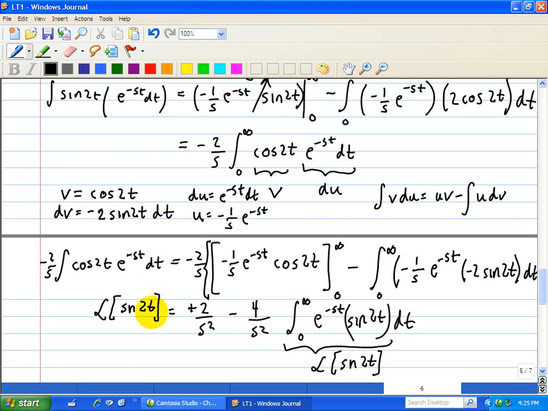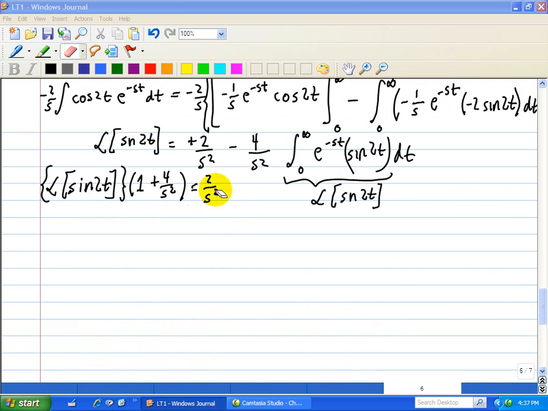Putting the Laplace transform on the other side for this expression right here, we factor out the Laplace transform of sine of 2t, so we have one of those plus 4 over s squared is equal to 2 over s squared.